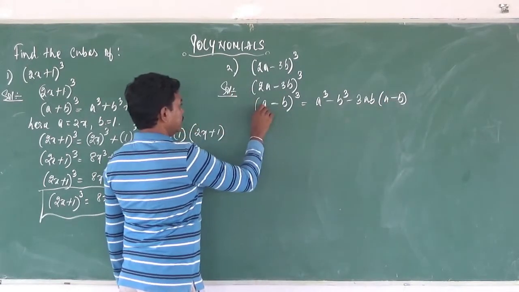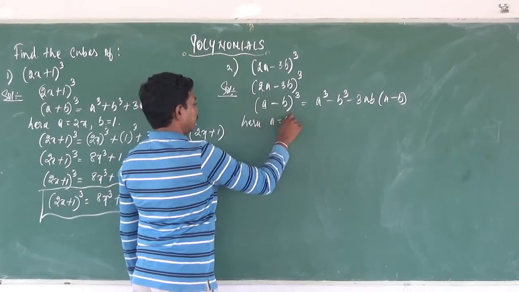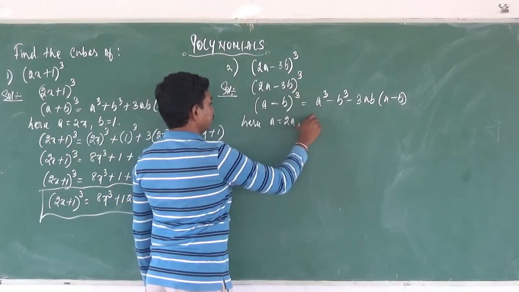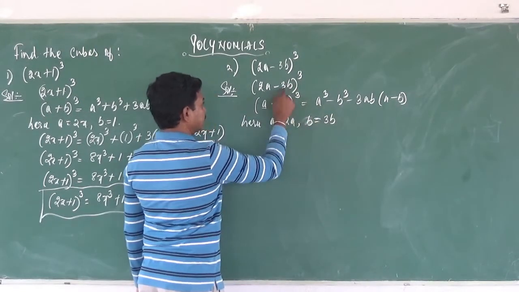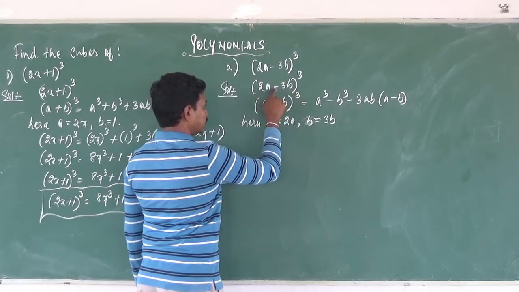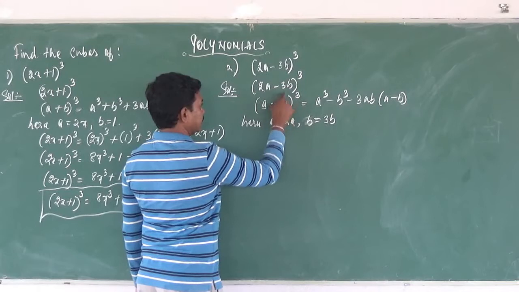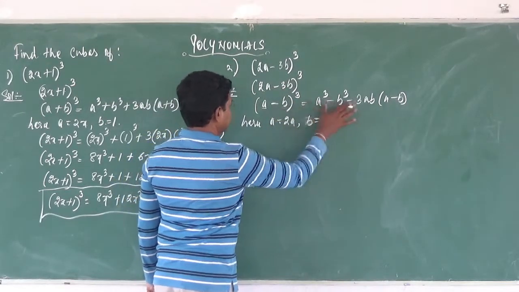Okay. So here a stands for 2a and b is 3b. So no need to write minus 3b because in the formula we have minus and in the given problem also we have minus. So therefore directly you can write b is equal to 3b. So now we will substitute these two terms in the formula here.